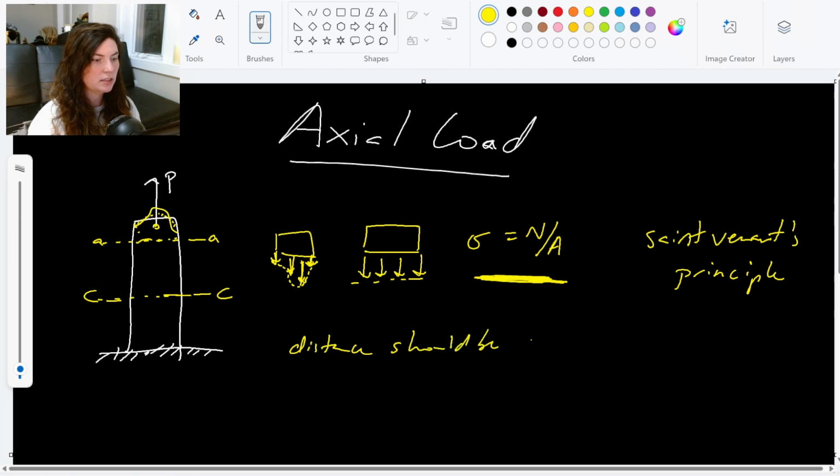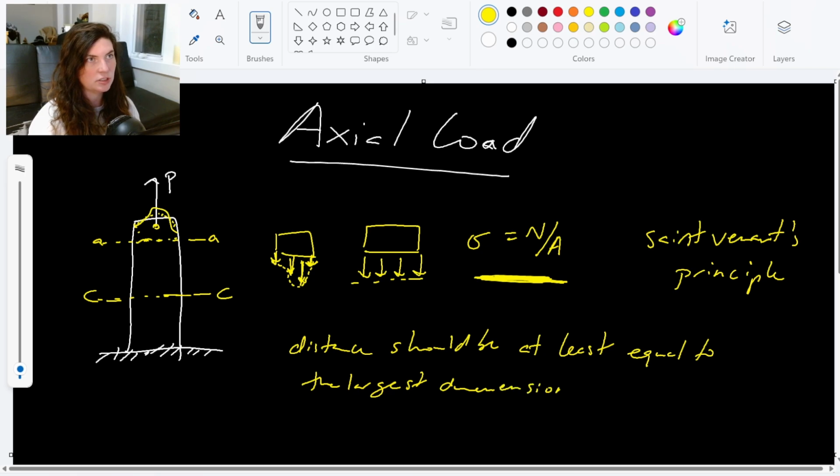They typically say that this distance should be at least equal to the largest dimension of the cross section. So either your width or your thickness.